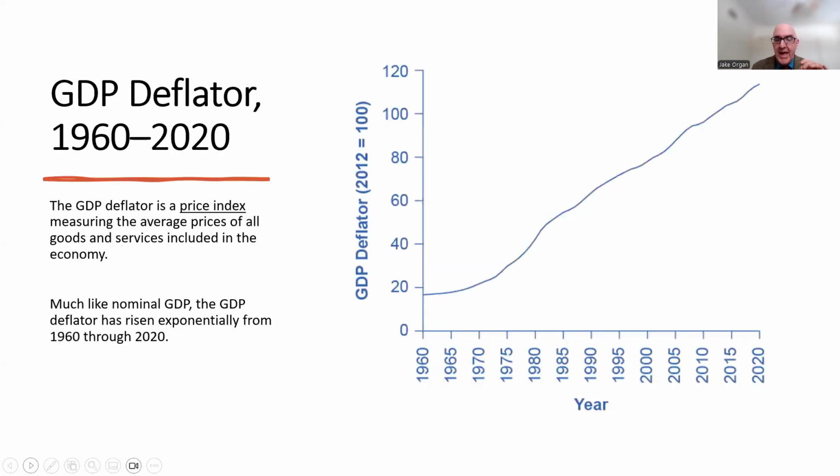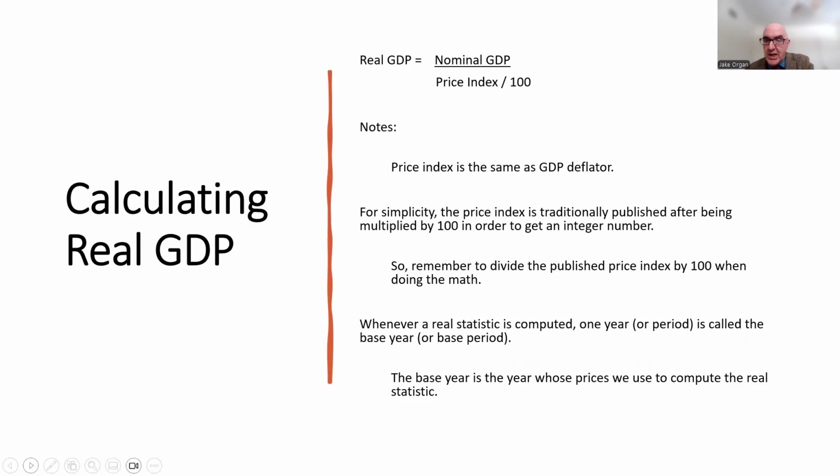So for example, if we said that in 1960 it was 18, that means we would take the nominal GDP of 1960, and if we want to change it into 2015 dollars, we'd put the GDP deflator in the place of the price index. That would be 18 over 100. And if you think about it, that would then inflate that figure to make it into dollars of 2015.